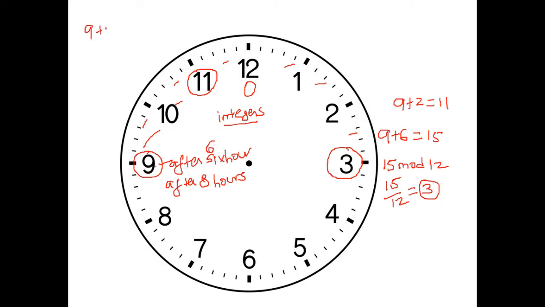You know 9 plus 8 is equal to 17. But since it's modular arithmetic and numbers wrap around, what we do is we take 17 mod 12. So what is 17 mod 12? 5. The remainder is 5. So we are focused on remainders. So it means I'm going to meet you at 5 o'clock.